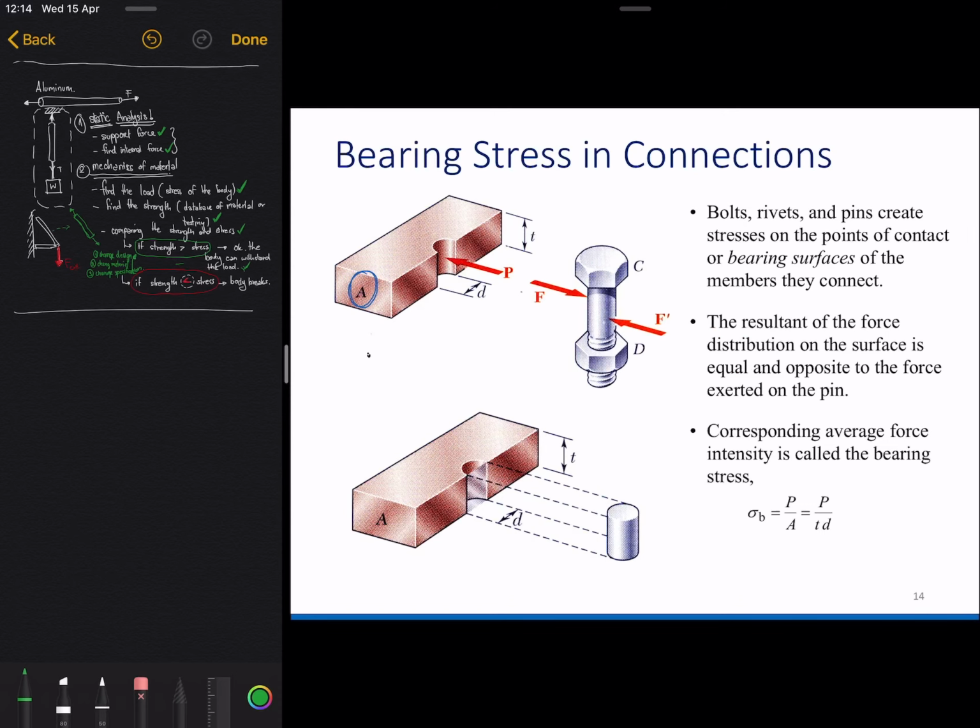The bearing stress here is governed by the height of this area and the depth of this area, and the force has to be divided by this area, and then we get the bearing stress. This is what we call bearing stress.